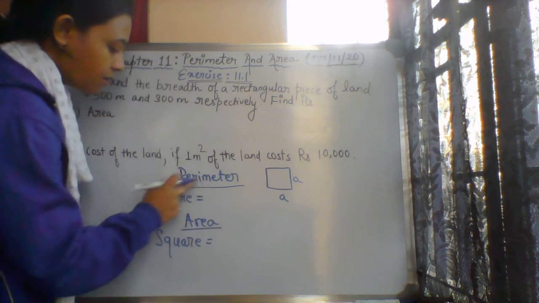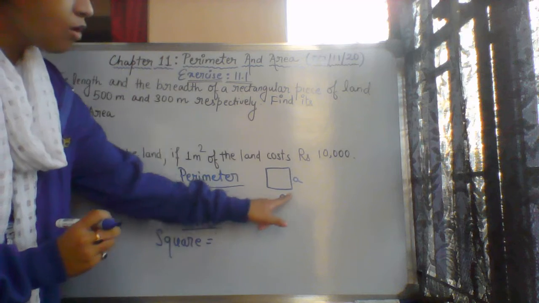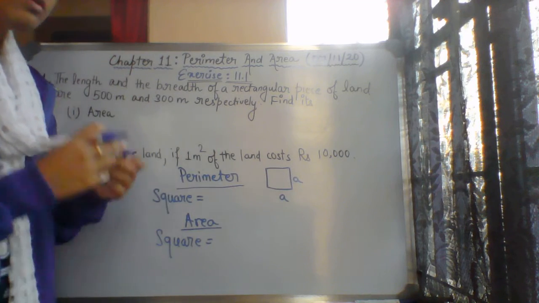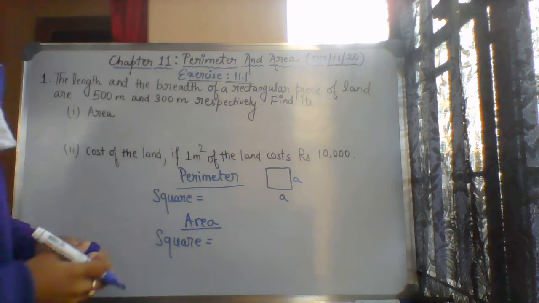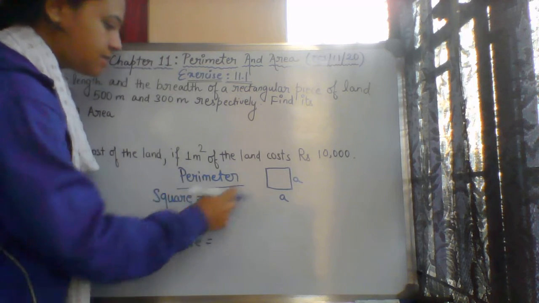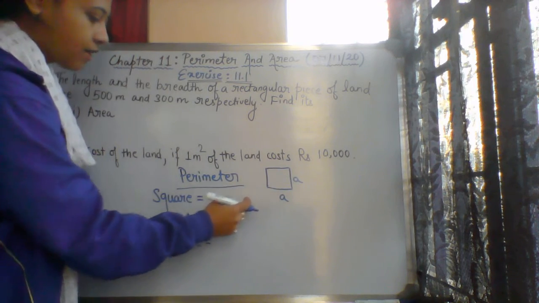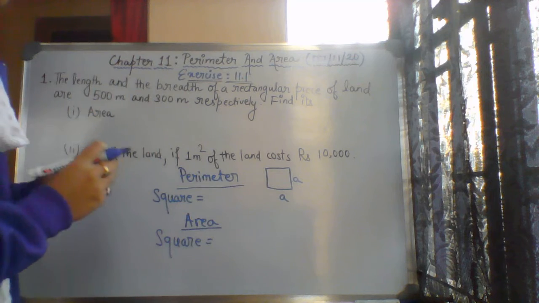Perimeter means sum of all the sides. If you forget the formula, you derive it. Perimeter means the boundary you are going to calculate.